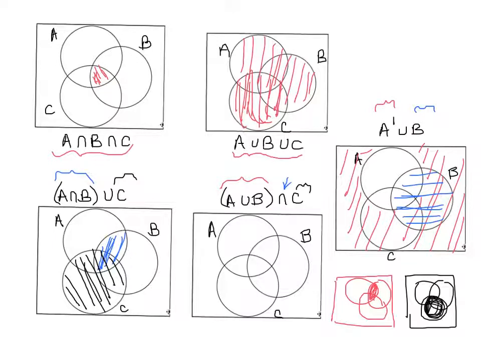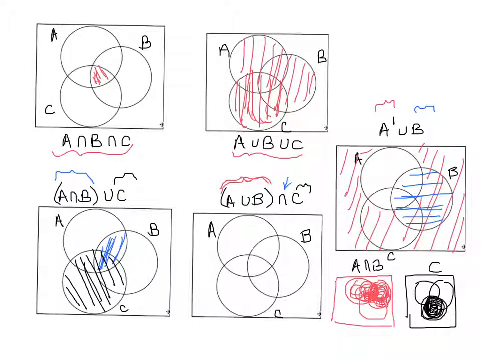So what is shaded here in A intersect B, and what does that have in common with C? It looks like A intersect B, A union B. So we have a little mistake here. That in red should be A union B. So let's actually shade all of A union B. That's better.